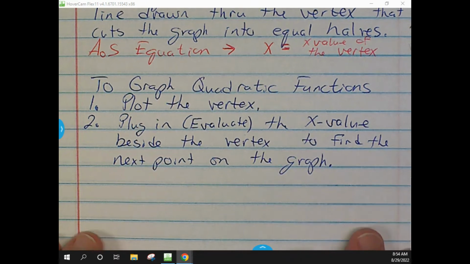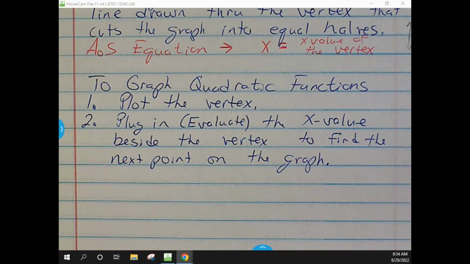Now, occasionally, with some of the MathXL, when they're making you graph it, sometimes they make you do another point. So then you'd have to plug in the next value over. The good thing is that if you pick one point to the right side of the graph, the next point to the left side of the graph should be the same value. So it doesn't matter which way we go.